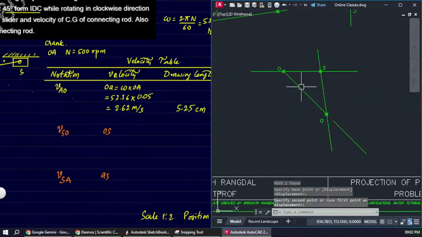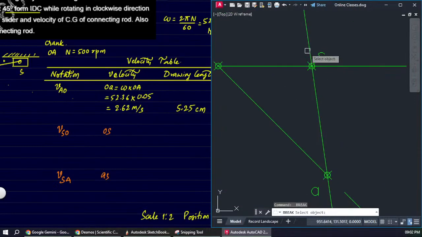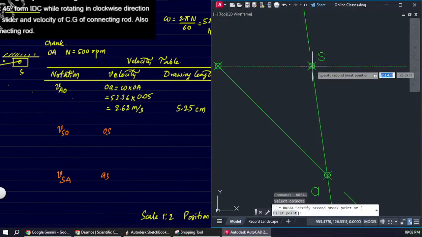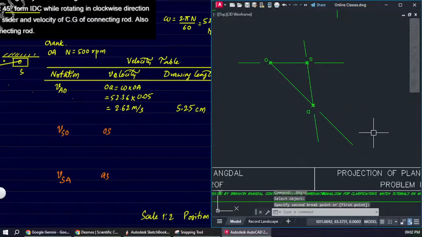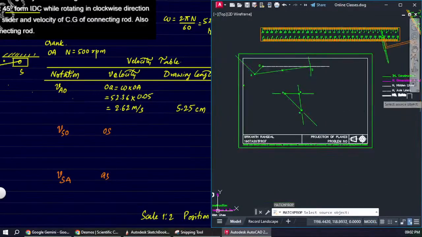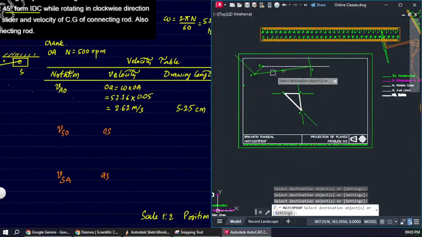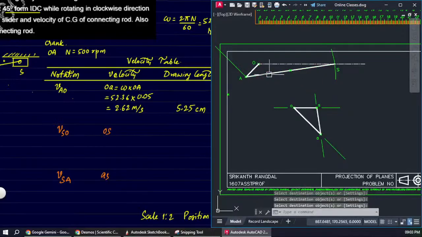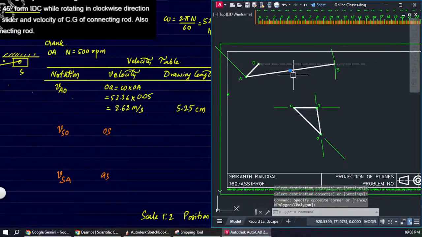So this gives us the velocity diagram. If you want, you can make it dark, because this is the diagram that we need. Here also, wherever the link lengths are there, we can make it darker. This reference point we had taken only for getting the perpendicular line. So here is the velocity diagram.